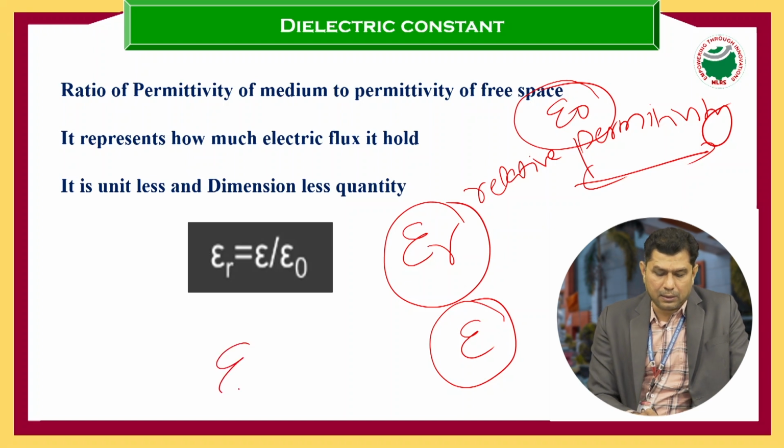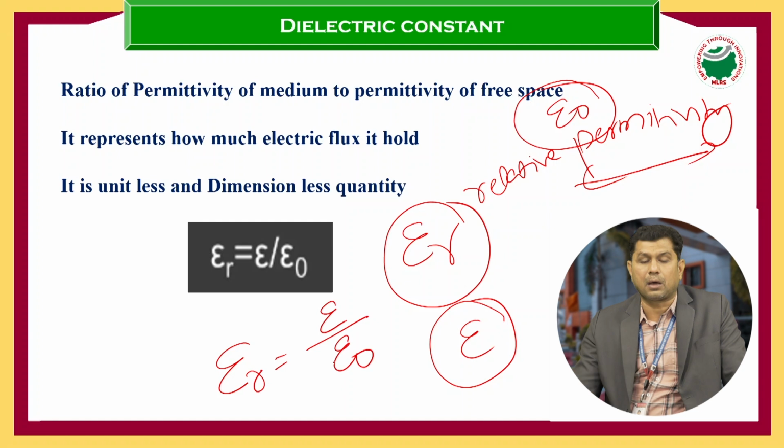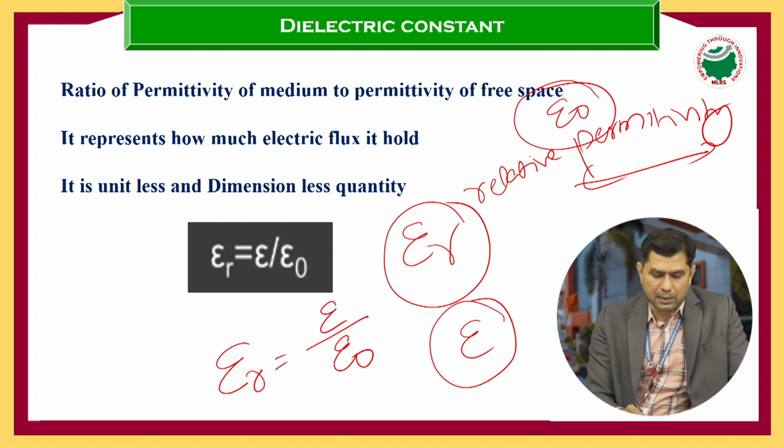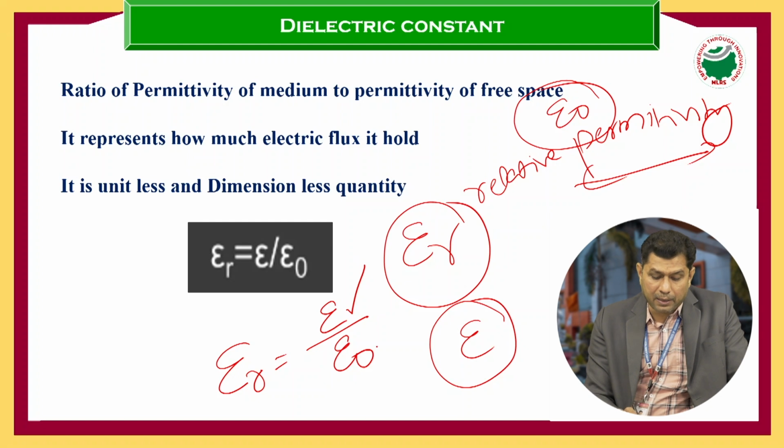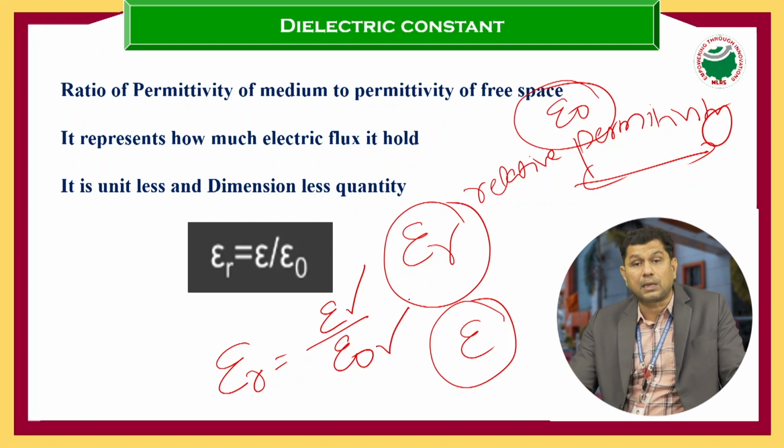The dielectric constant or relative permittivity is nothing but epsilon by epsilon naught. It is the ratio of permittivity of medium to permittivity of free space, is nothing but relative permittivity, or else simply you can call it as dielectric constant.